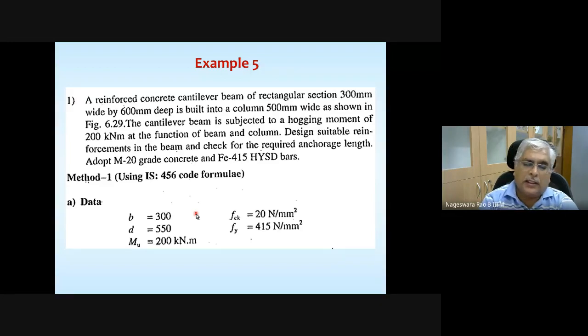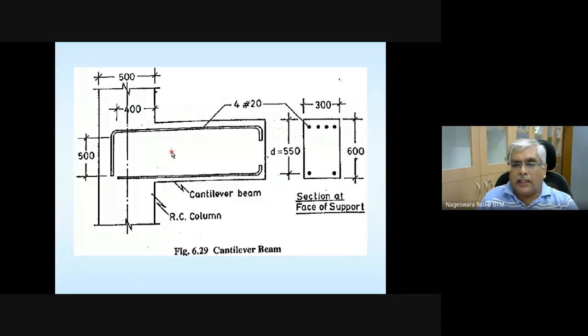The column width is given, and this beam is framing into the column. This cantilever beam is supported on this column, which has a 500 mm width, and to give you an idea, a picture is given here.